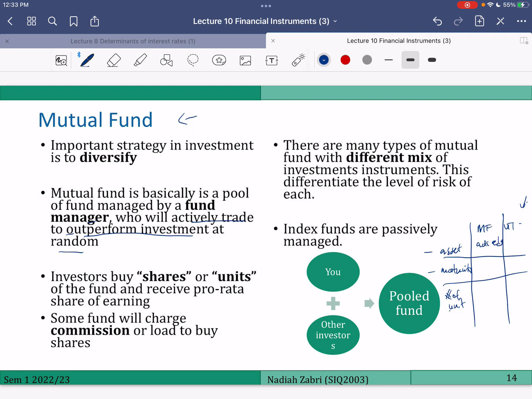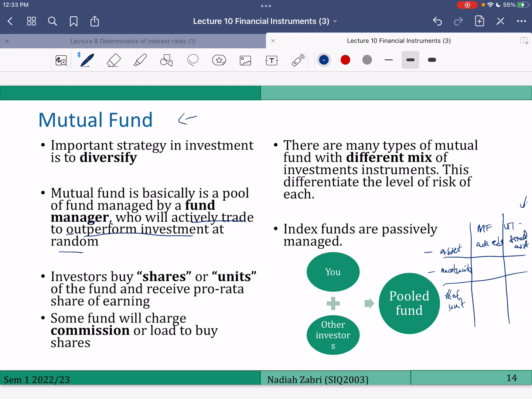Maybe today the mix is as such, tomorrow it's different, because they actively trade the assets. For unit trust, the assets usually are the same from the start of the trust fund until the maturity. So, fixed assets.